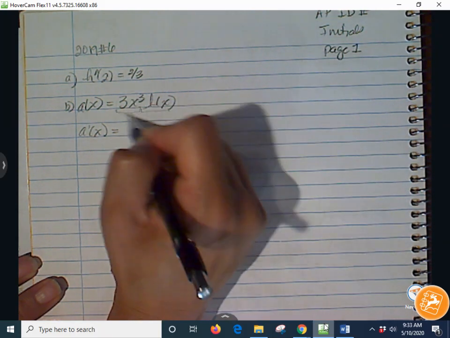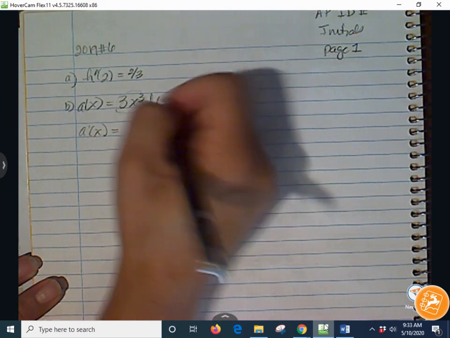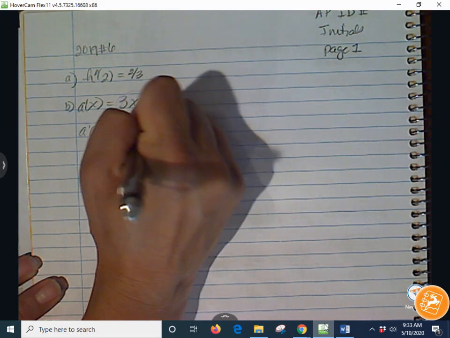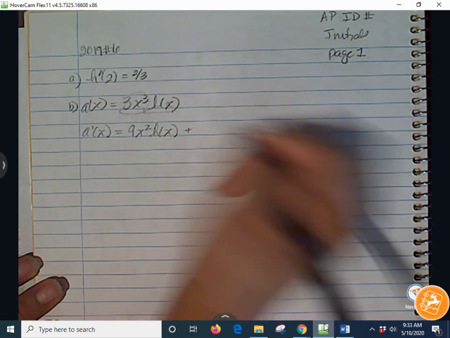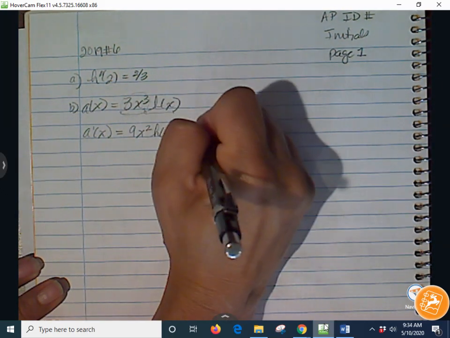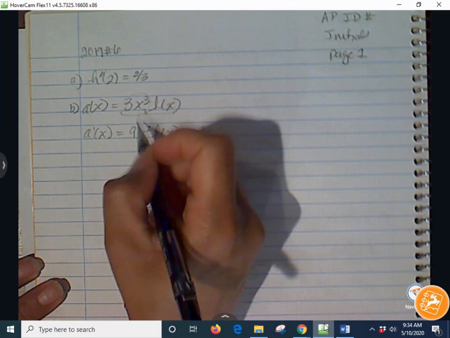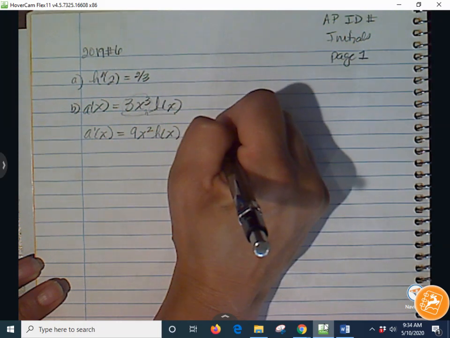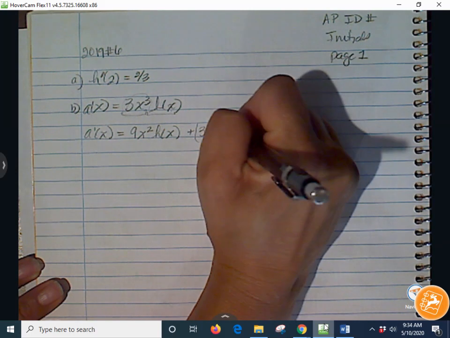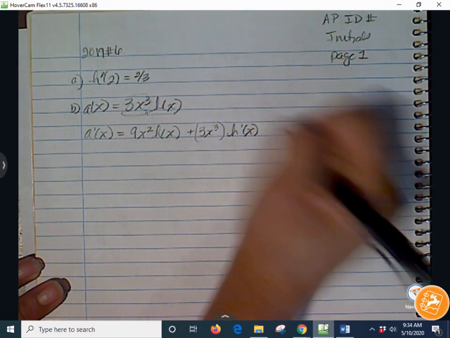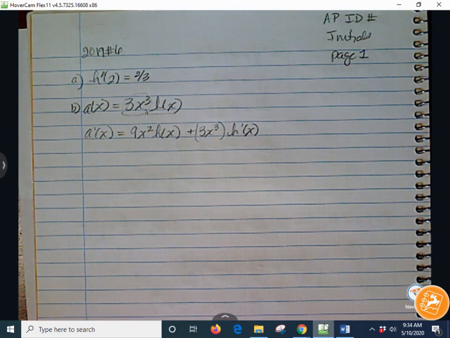So I'm going to do the derivative of the first, so bring down my power, so it's going to be 9x squared times the second, h of x, plus, then I'm going to take the first expression and multiply it by the derivative of the second. So that's what I've got, okay?